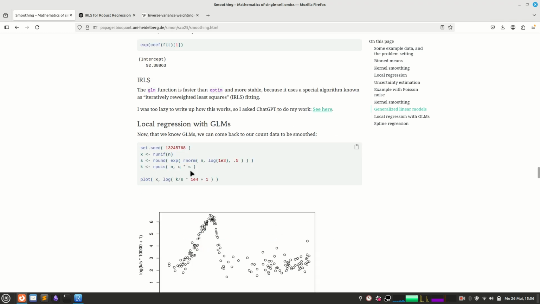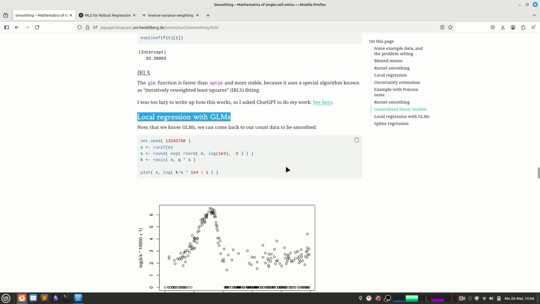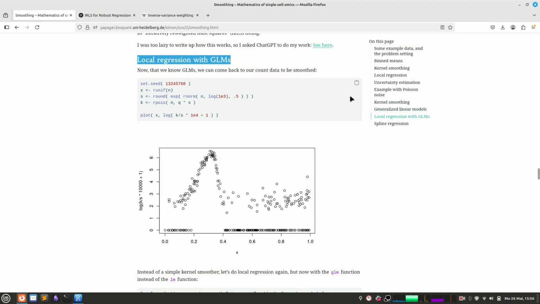So what we can now do with this, we can now use this GLM fitting for our local regression. And that's what I do here now. Let's go back to our data. This is again the code for how I create my data: random X values, some randomly chosen totals S and counts K, which follow Q times S. And we plot this.